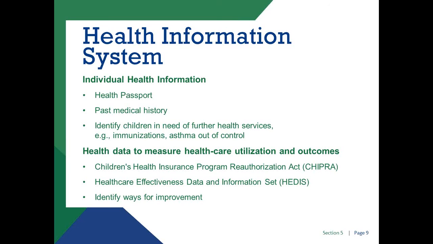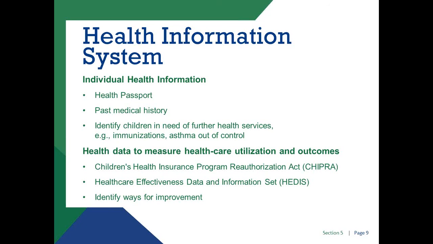So with this individual health information, we can identify children having problems or in crisis. For instance, we can figure out children who have asthma. We call asthma out of control if they've been hospitalized or seen in the emergency room in the last 3 to 6 months. And then what do we do about that? Does the child need more?